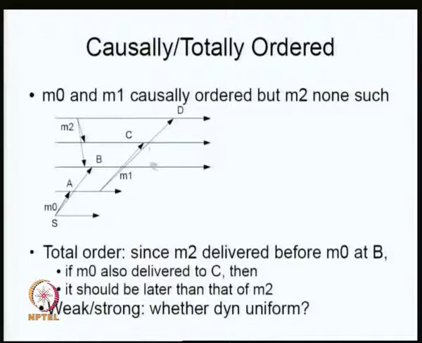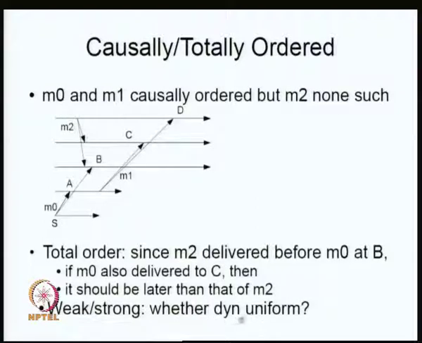Now, in all these cases, this ordering can also be divided into two types, weak or strong, and it corresponds to whether things are dynamically uniform or not. As mentioned before, in dynamic uniform, you look at those processes which may be involved in it, but die in between.